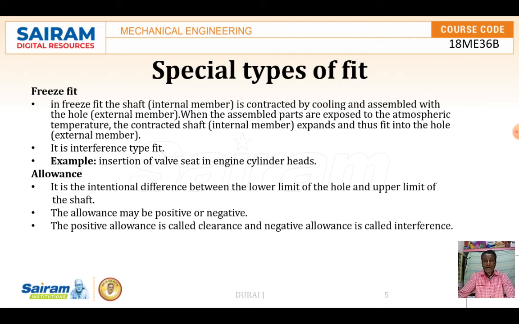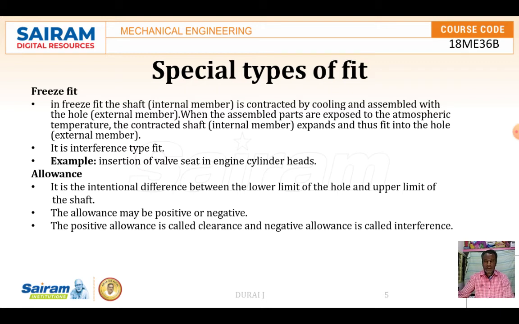After assembling, due to the atmospheric condition, the shaft becomes slightly larger. That is the freeze fit. This also comes under the interference fit, and here also normally the shaft size is more than the hole size. An example of this is the valve seat inserting on the engine cylinder head.